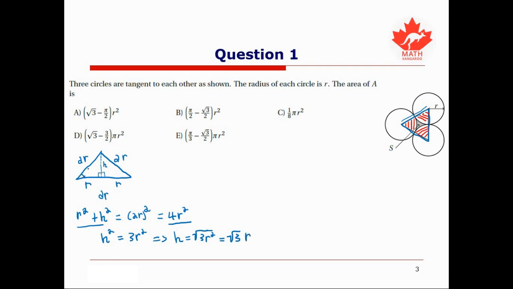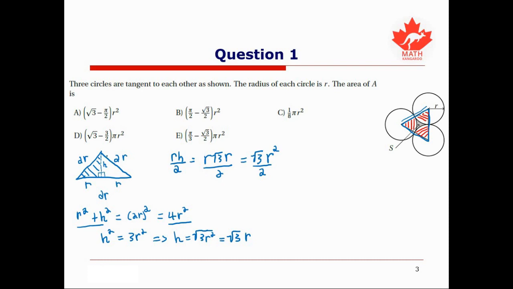Now, to get the area of one of these triangles, I can simply use the area formula, which tells us that r times h divided by 2 will be the area, where h is the square root of 3 multiplied by r. And so this expression is just given by the square root of 3 multiplied by r squared divided by 2.